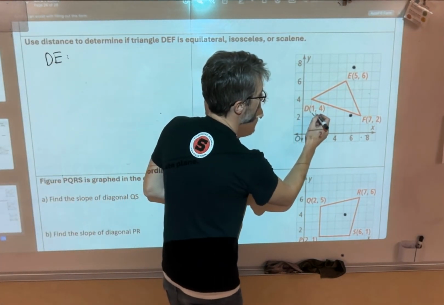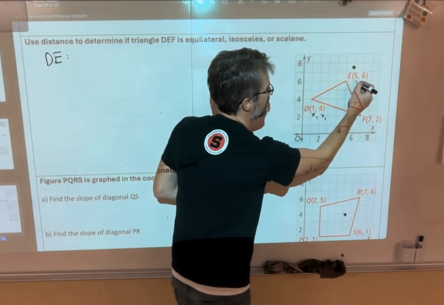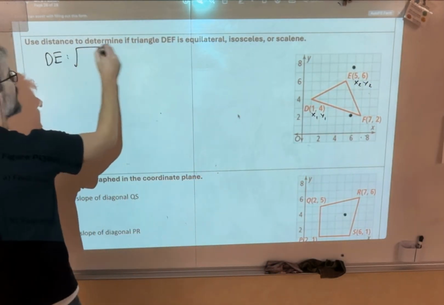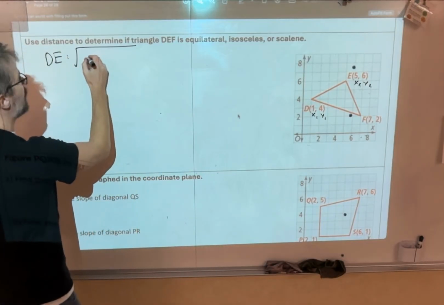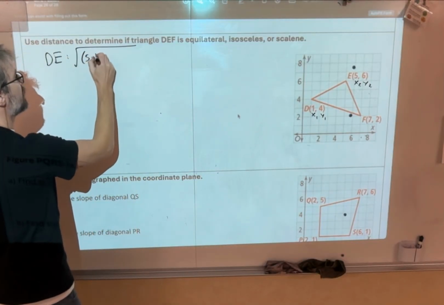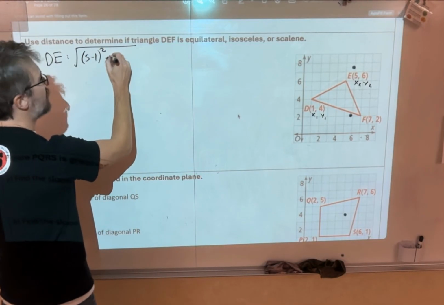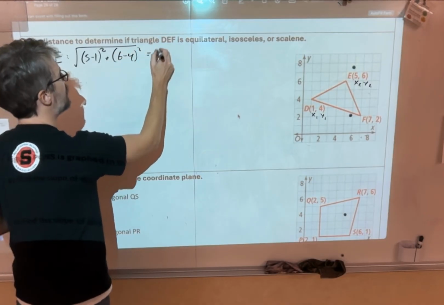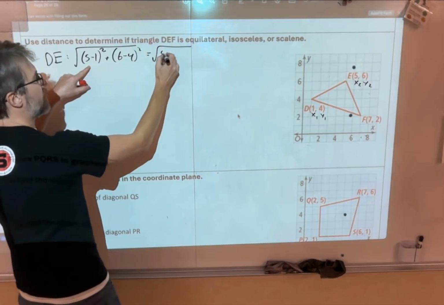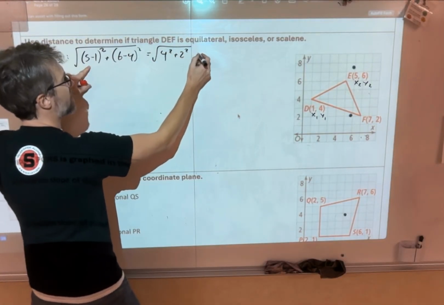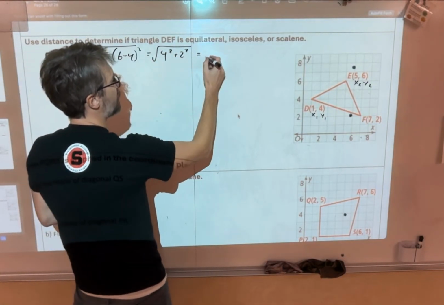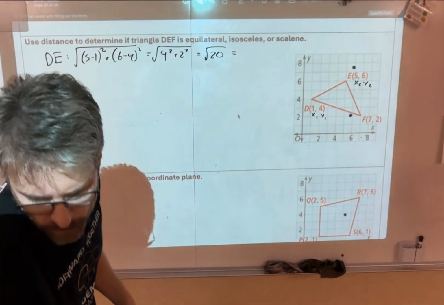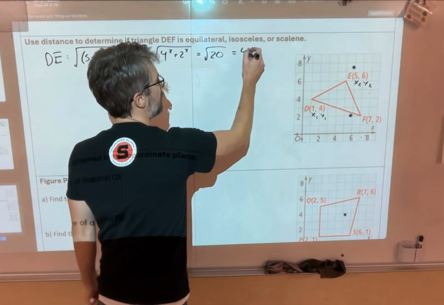There's our x1, y1, our x2, y2. That is going to be 5 minus 1 squared plus 6 minus 4 squared, which is 4 squared plus 2 squared, which is 16 plus 4, which is 20. And the square root of 20 is 4.47.